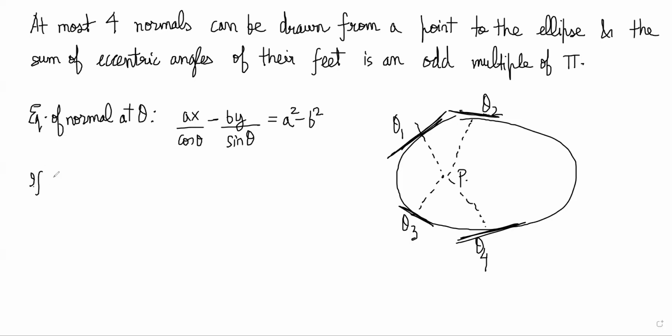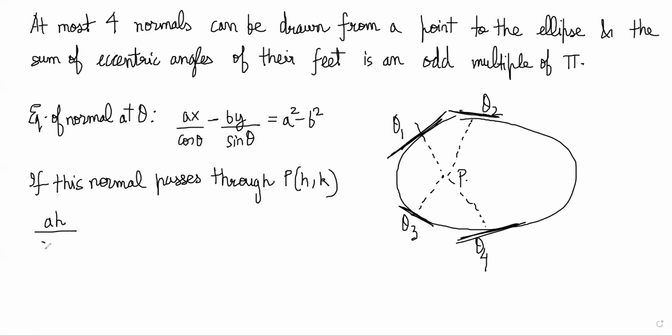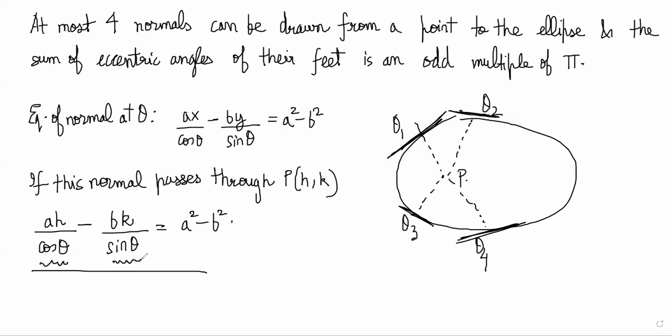If this normal passes through the point P h comma k, then we can put h comma k in this equation and we get ah by cos theta minus bk by sine theta is equal to a square minus b square, right? Okay. So if this is the equation, this is an equation with cos theta and sine theta present.